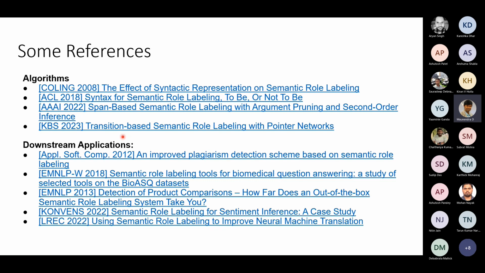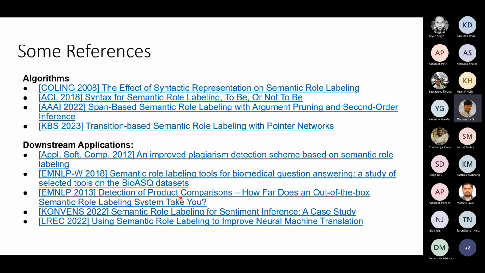downstream applications. Here, people do plagiarism detection, and for that problem they use semantic role labeling. Here, semantic role labeling tools for biomedical question answering. Question answering definitely is a very direct application for semantic role labeling.